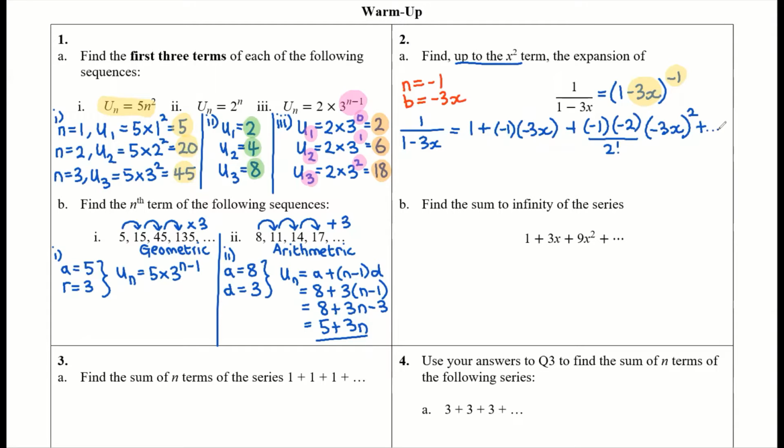Okay, remember the link between the equal sign. If I'm going to use the equal sign, I have to include the plus dot dot dot on the end. Okay, let's tidy this up now.